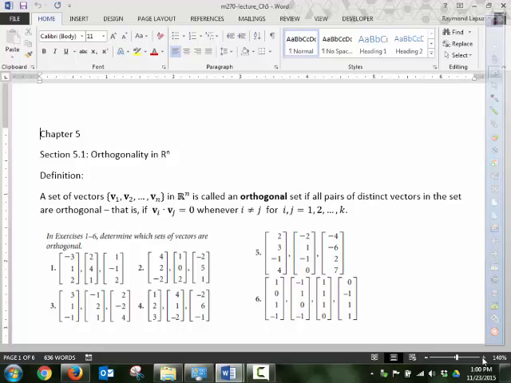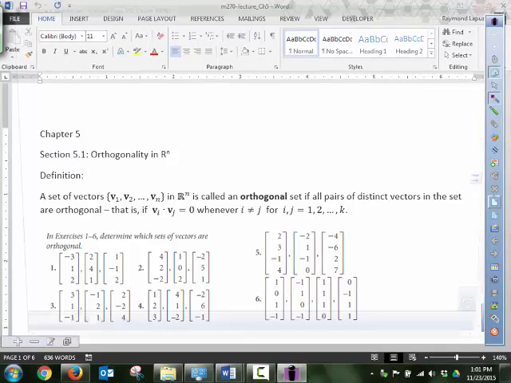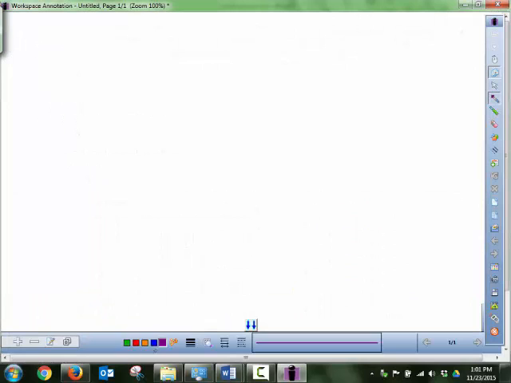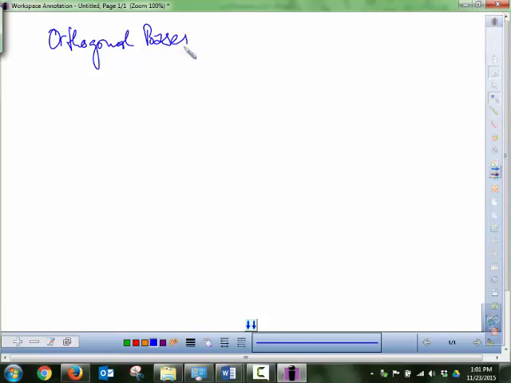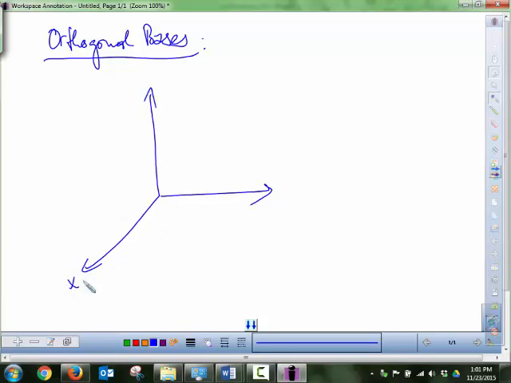What does that mean? I don't know. Let's see. I don't know if R3 is a good idea, but let's go all out and go to 3 dimensions.